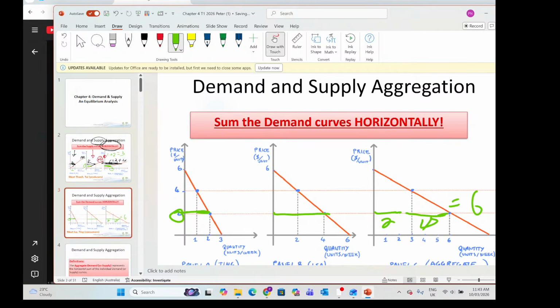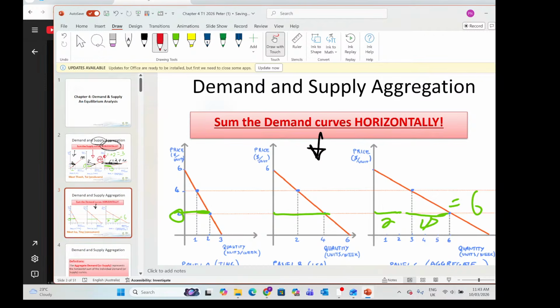So it's just we're adding horizontally. Why would it be that Leo demands more than Ting? Well, only two reasons really. One, this product offers more satisfaction to Leo than Ting, or it might be as simple as Leo has more money available to him than Ting.